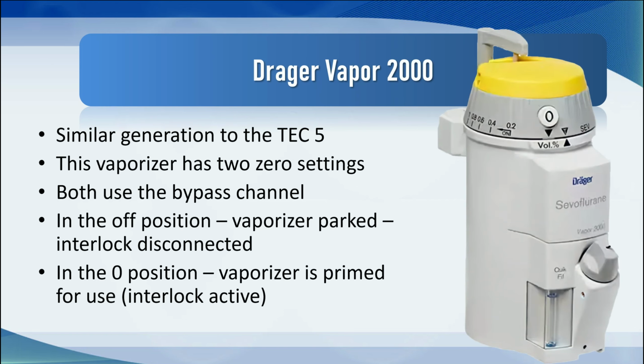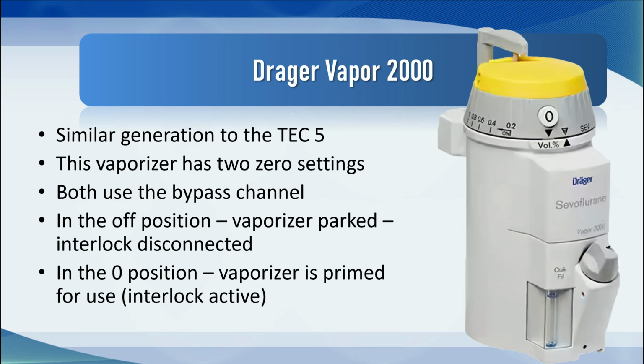The Draeger Vapor 2000 is a similar generation to TEC 5. And what I find interesting about this particular device is that it has two zero settings. Both use the bypass channel. It has an off setting where the vaporizer is parked and the interlock is completely disconnected. It also has a zero position where the vaporizer is primed for use and the interlock is active.